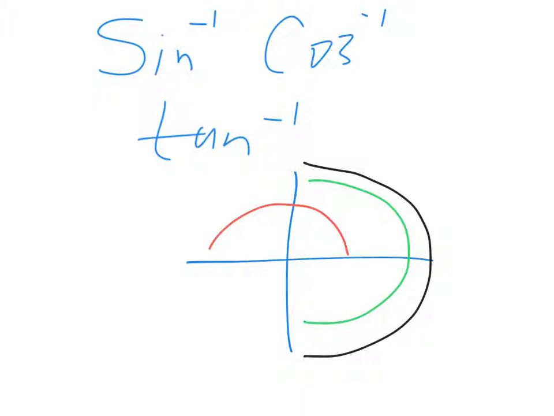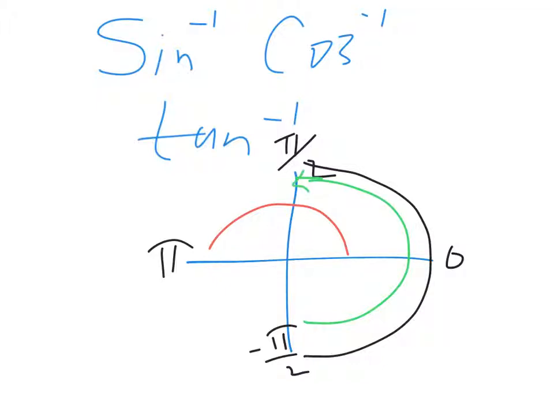Would you agree that this is at the spot pi over 2 and negative pi over 2? When it comes to tangent, what do you know about pi over 2 and negative pi over 2? There are asymptotes there. So therefore, you can't touch there. The green one was sine.